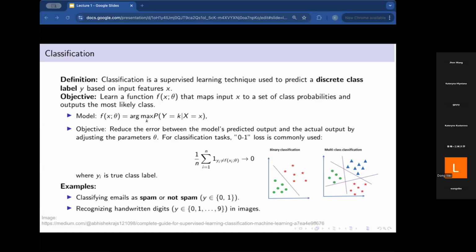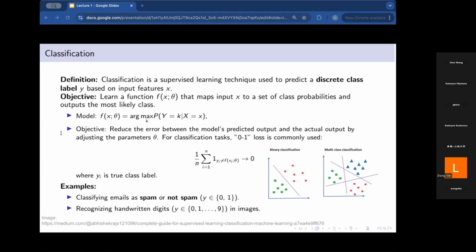The model we use is f(x, theta) = argmax over k of the probability that label y equals k given features x equal to x. This means that we choose the class k that has the highest probability given the input x.